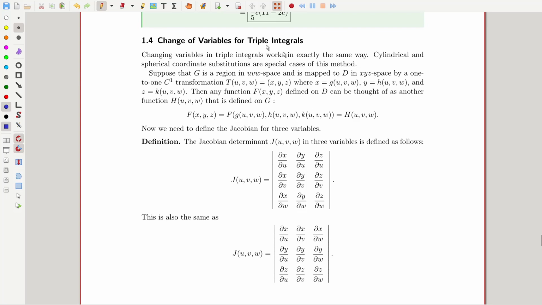I've more or less copied the important bits of what is stated in the book. So such a transformation takes in 3 variables, so it might go from a space UVW to a space XYZ, mapping in the same direction, right? UV to XY, we have UVW to XYZ.